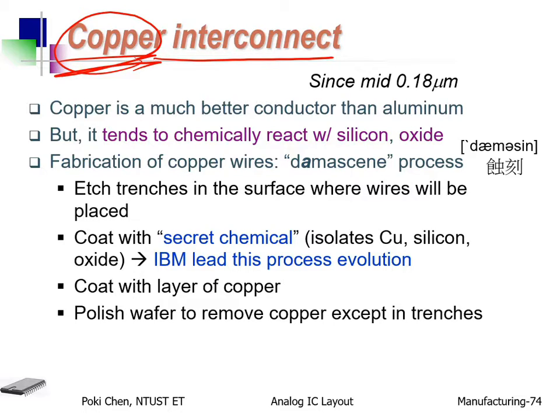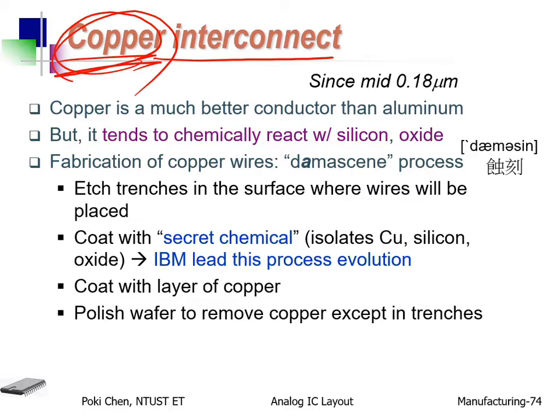The major issue is that if you deposit any kind of copper layer above silicon, the copper atoms will diffuse into the silicon structure. Then it is very hard to control the width or length. Okay? That is a really upsetting phenomenon.